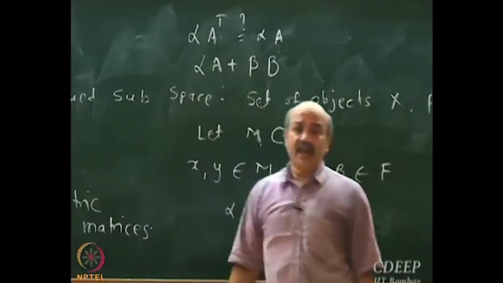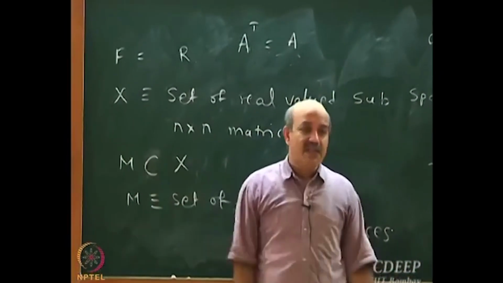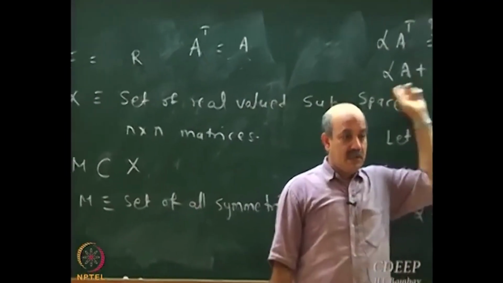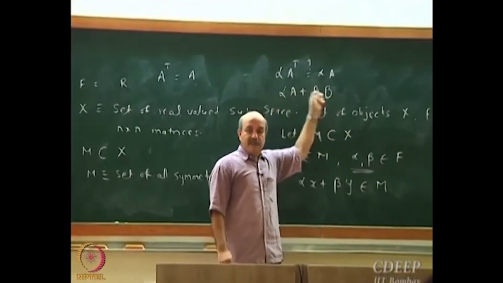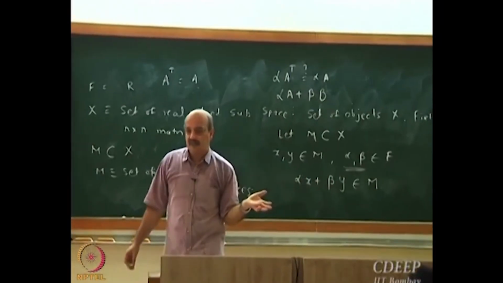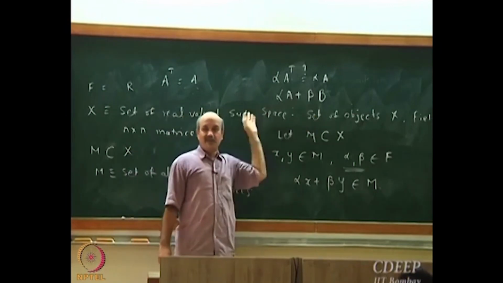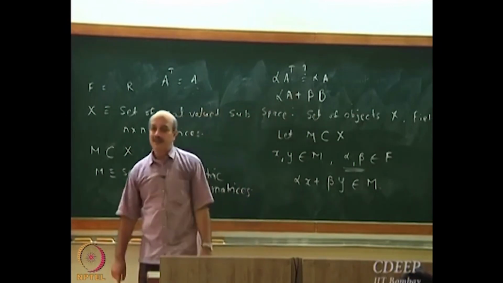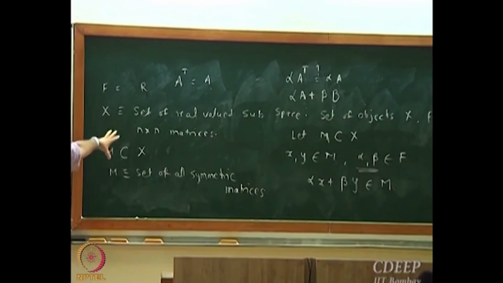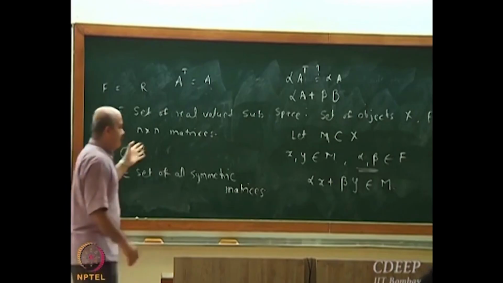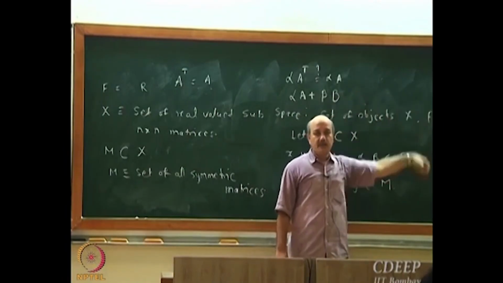If I take any two matrices A and B belonging to this subset M, will their linear combination also belong to M? If A is symmetric and B is symmetric, this addition will also be symmetric. So the subset defined by this forms a subspace. Not every set will form a subspace, but this particular set of symmetric matrices will.